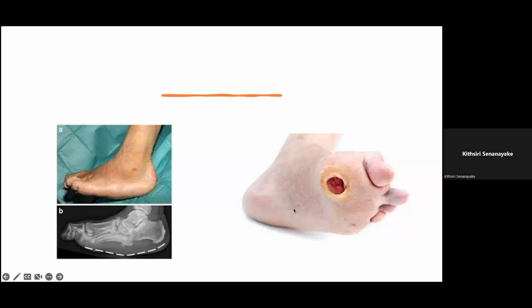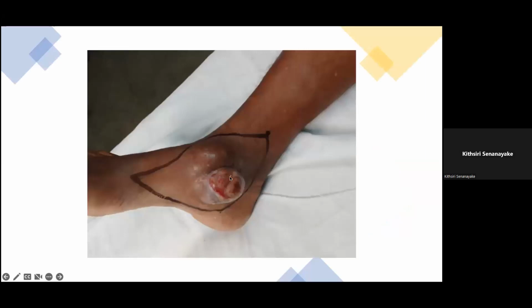And this patient, whom I got from a local hospital, had a non-healing wound for several months. I took a biopsy from the edge, and it was a malignancy, a malignant melanoma, although this does not look like a melanotic nevus.